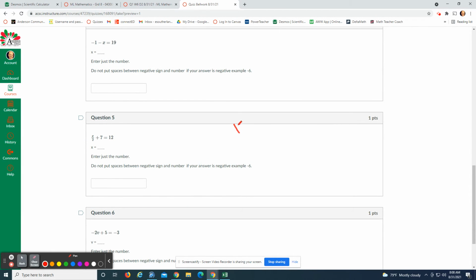Question 5 says x over 2 plus 7 is equal to 12. Am I getting rid of the 2 or the 7? The 7. To get rid of a plus 7, I subtract 7 on both sides. X over 2 drops down.